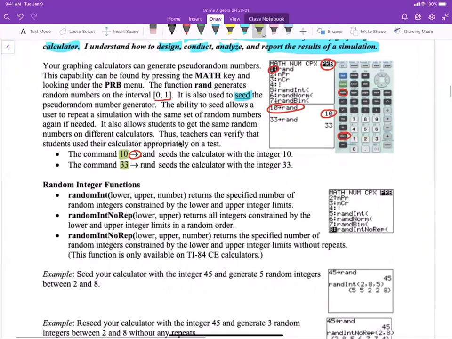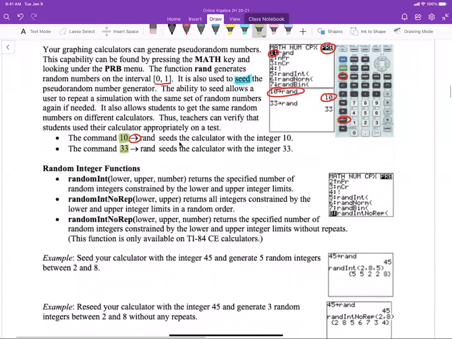All right. There are additional random functions in your calculator. We have a randInt function in that same menu where we went to math. Under probability, you'll see that I have a few different options. randInt, which is 5, where we can enter the lower, upper, and number. It returns the specific number of random integers constrained by a lower and upper limit.